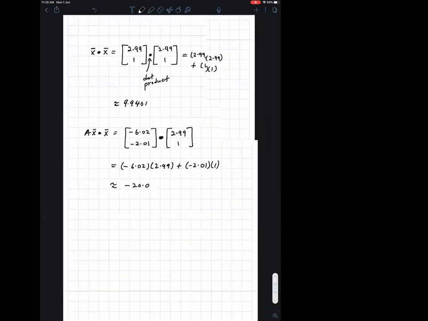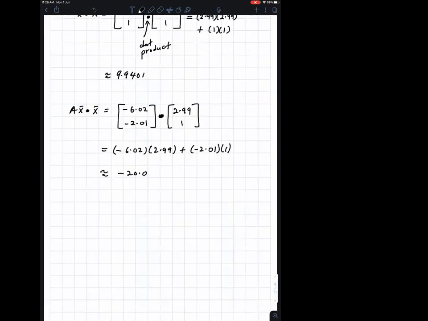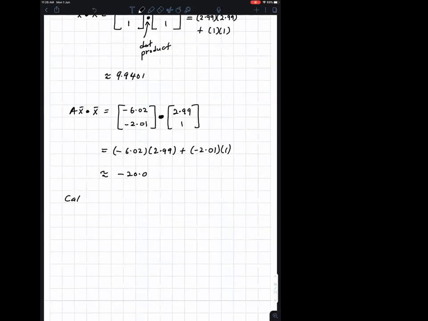Using all this information that we just computed, now you calculate Rayleigh. I don't know how to pronounce this.